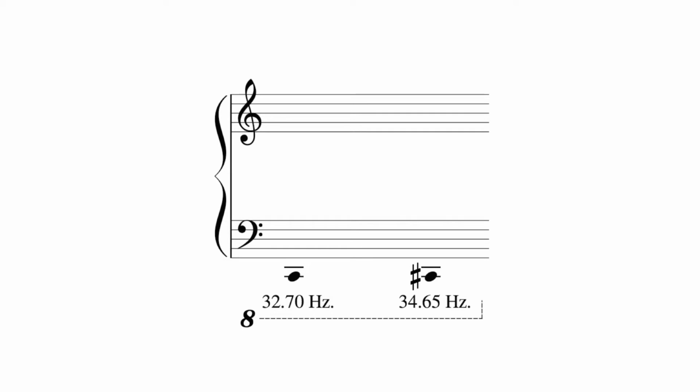Because pitch is logarithmic, this too is also logarithmic, but in a little different way than the Hertz is logarithmic. So let's look at the standard modern piano keyboard. The lowest C is 32.70 Hertz, and the C sharp right above it is 34.65 Hertz, which is 1.95 Hertz difference, which means that you don't need an even full 2 extra cycles per second of compressions and rarefactions to get from one note to the note right above it.